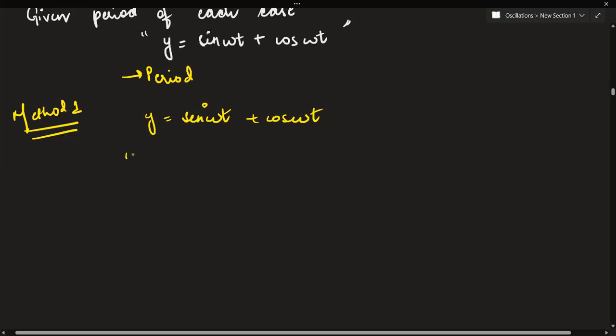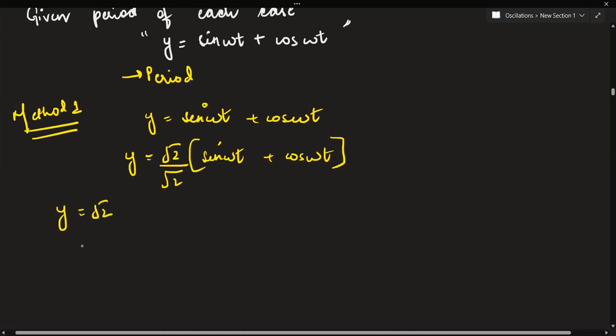All right. Now y is equal to what? Can I multiply and divide with the same term, that is root 2? Will it make any difference if I multiply and divide with the same term? This will get cancelled. It will come back to the original equation. Now see, if I take this root 2 outside the bracket, root 2 will be left over here.